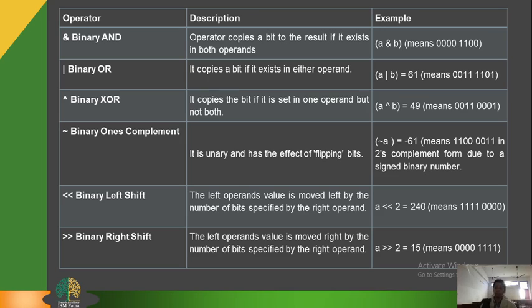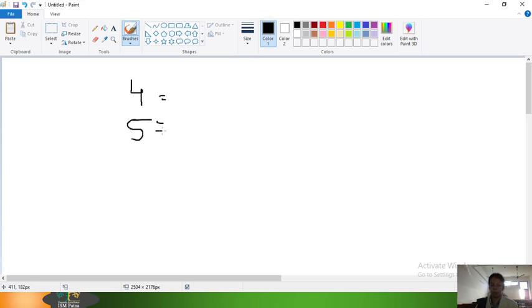So let's check the values of decimal to binary first before starting the work of the bitwise AND operator. Suppose both are numbers presented in decimal form. So what is the binary equivalent of 4 and the binary equivalent of 5? For the conversion of decimal to binary, we have to convert it from the base of the binary, which is 2. So just convert it from the base of the binary and collect all the remainders.